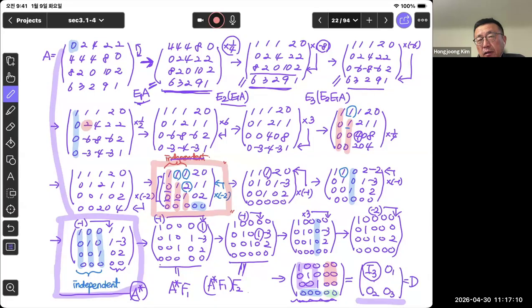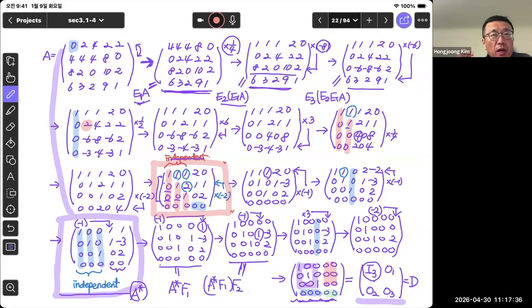But if I add the fourth row, since the fourth row is the zero row, those four rows will be linearly dependent, right?